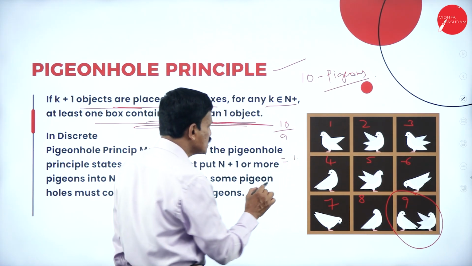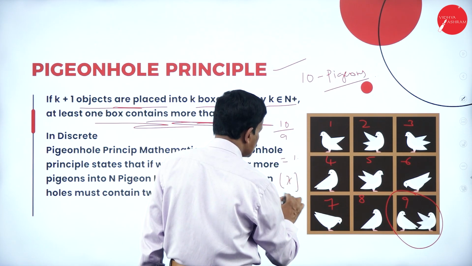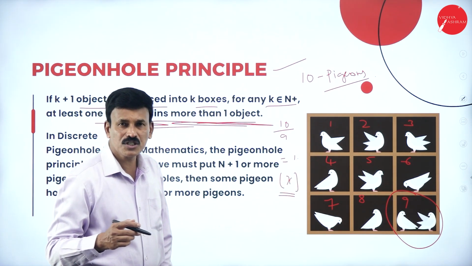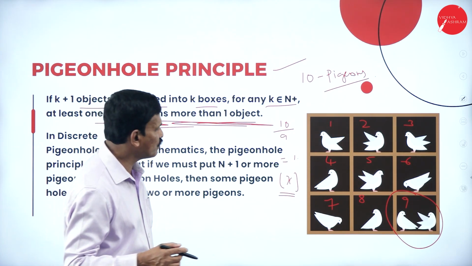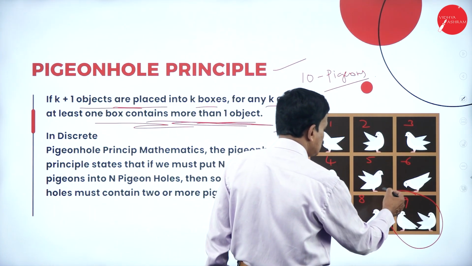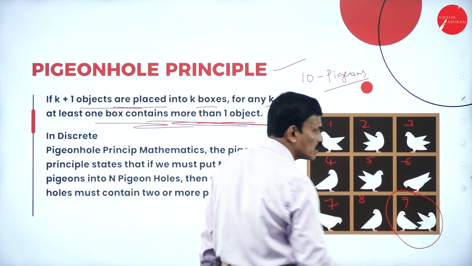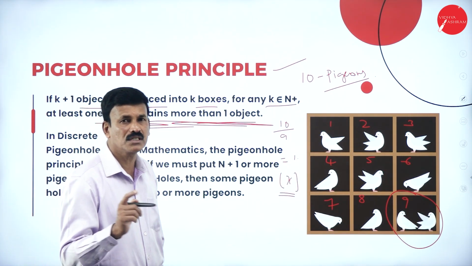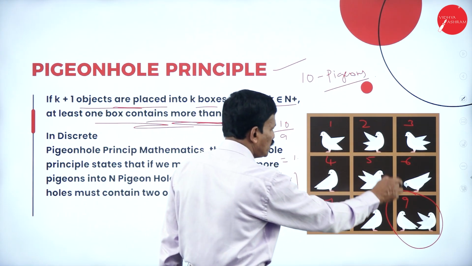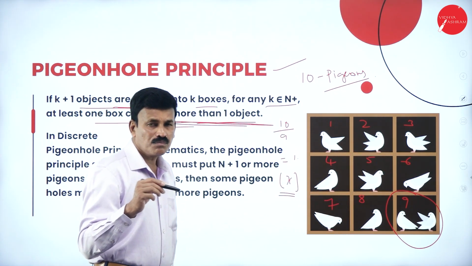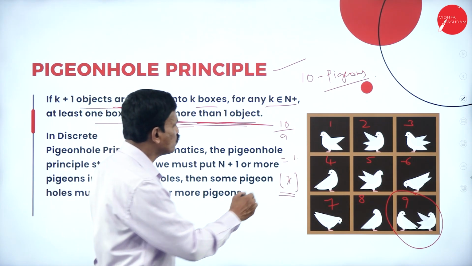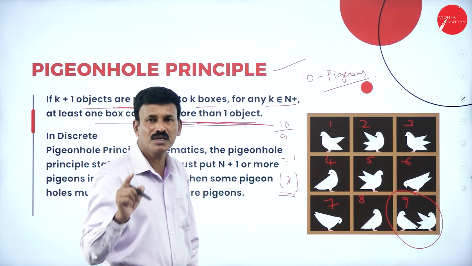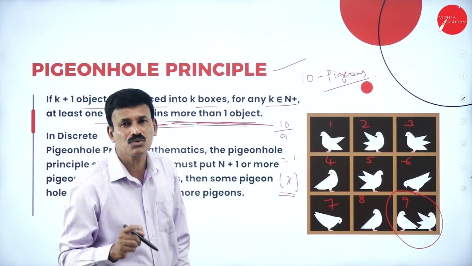Since this uses the greatest integer function, the ceiling, we can accommodate 2 pigeons in that particular box. We can place the pigeons anywhere in boxes 1 to 9, but one of the boxes will contain more than one pigeon. That is called the pigeonhole principle.